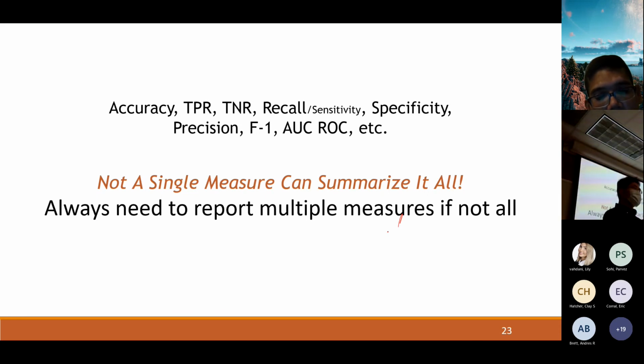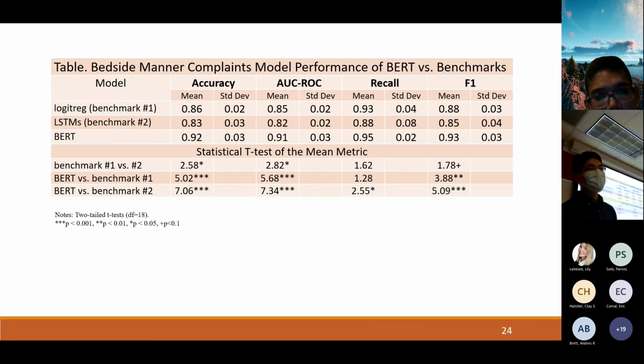And you also want to look at F1 score, because by looking at F1 score, you would have looked at both recall and precision at the same time. And lastly, people almost always look at AUC. So that's why when I showed you the table, these are the four measures that I adopt: accuracy, AUC, F1, and recall.